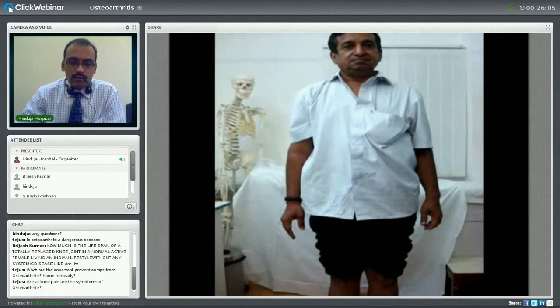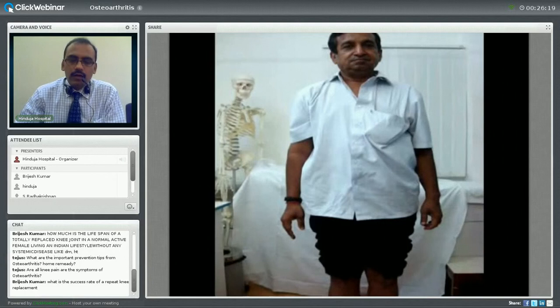Not all knees which are giving pain, trouble or symptoms have osteoarthritis, because osteoarthritis is typically a condition of old age, usually affecting people in the 60 plus age group.